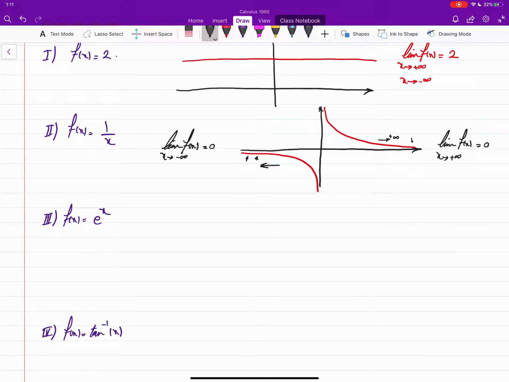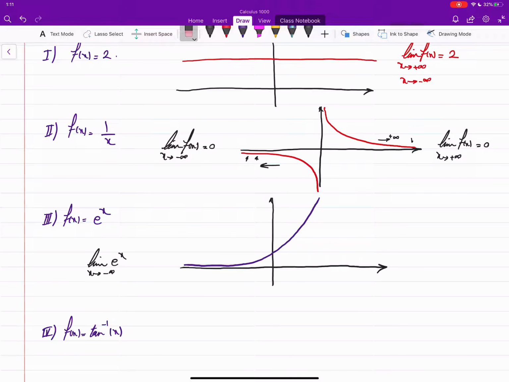For e to the power x, let's see what we have. You remember the graph of this function? It's something like that. As x goes to negative infinity, the function gets closer and closer to the x-axis, which is y equal to 0, and that means the limit is 0.